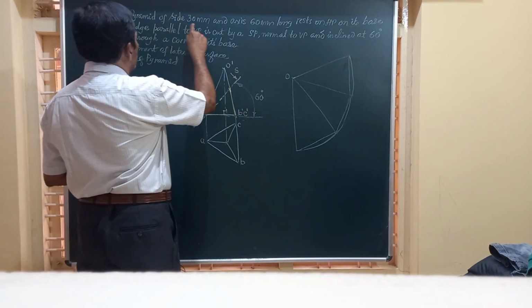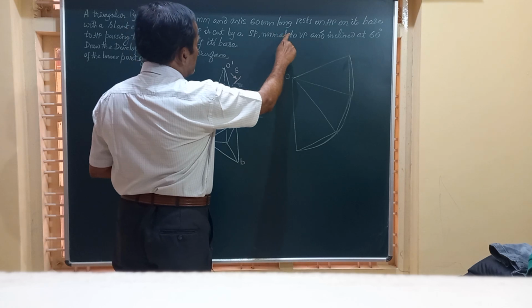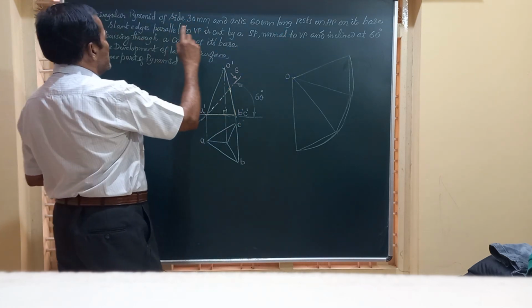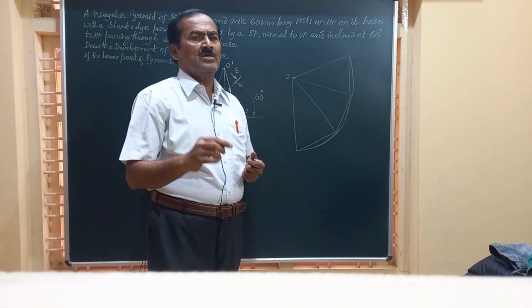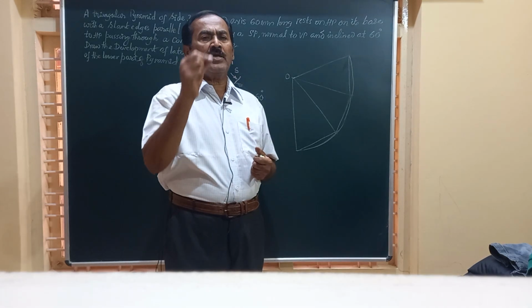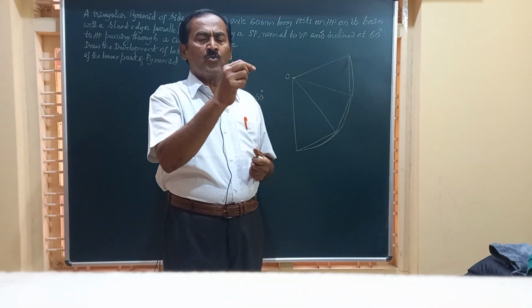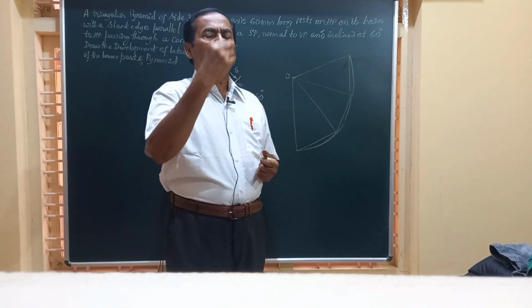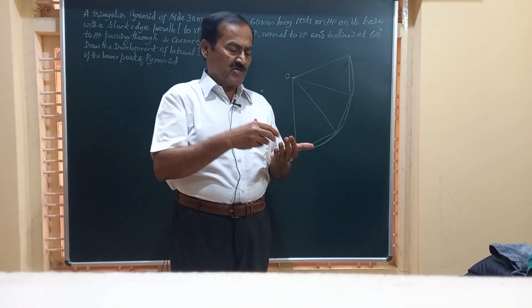A triangular pyramid of side 30 and axis 60 rests on HP on its base with a slant edge parallel to VP. So a triangular pyramid will have three slant edges OA, OB and OC. One of them has to be placed such that it is parallel to VP.